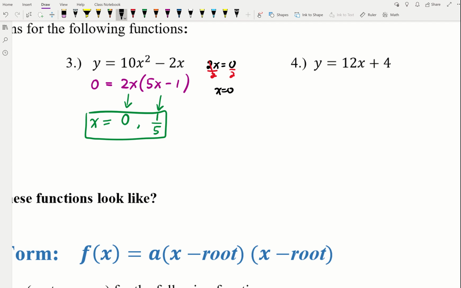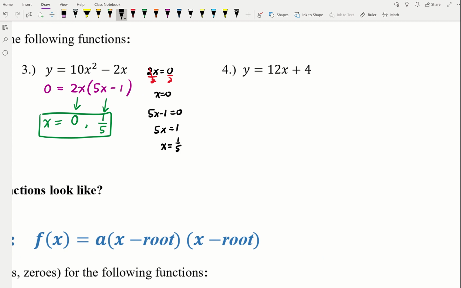I'm also setting up the equation 5x minus 1 equals 0. And as I solve this, I'm going to add 1 to both sides, and then I'm going to divide by 5. So those two equations are being solved in my head to come up with those answers, which if you need to write out the equations, I would encourage you to do so.